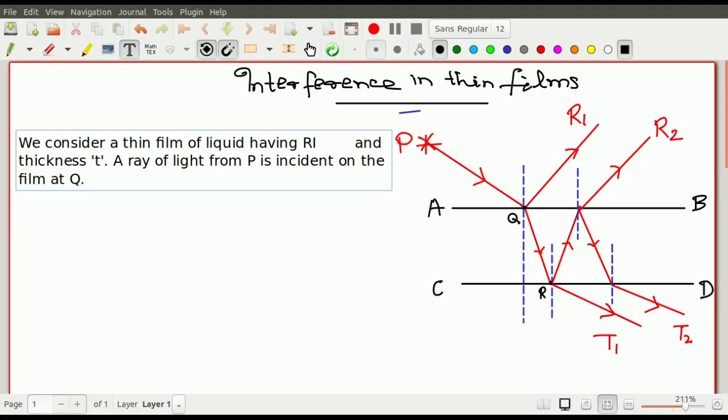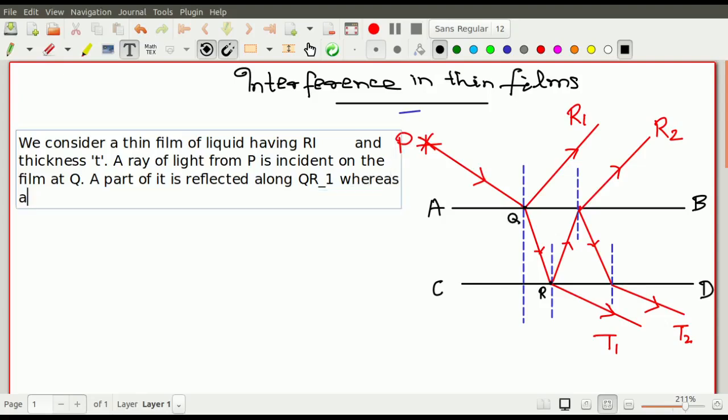A part of it is reflected along QR1. So QR1 দিয়ে একটা part reflected হচ্ছে along QR1, whereas another part is refracted along QR, at an angle of refraction r.